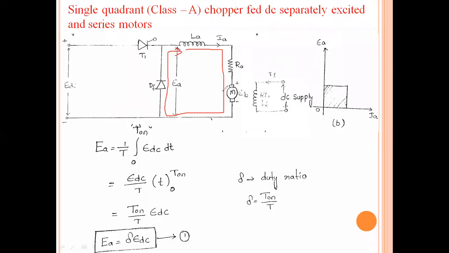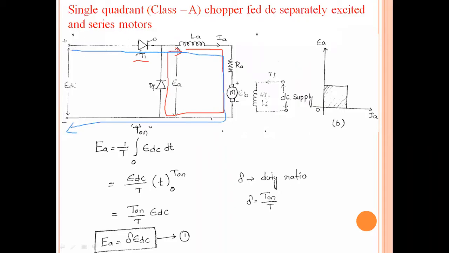So this freewheeling action will continue until the thyristor T1 turns on again. So after a little time, this thyristor T1 is again turned on. Again the current will flow from the DC supply terminals through the motor and comes back to the supply negative terminal.